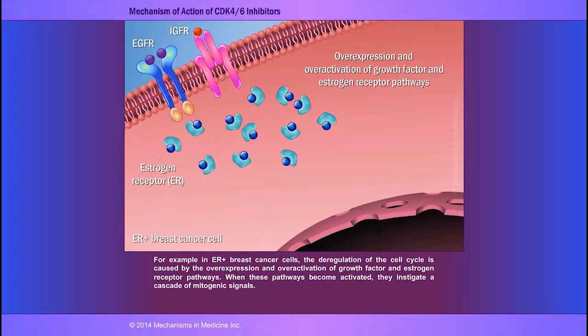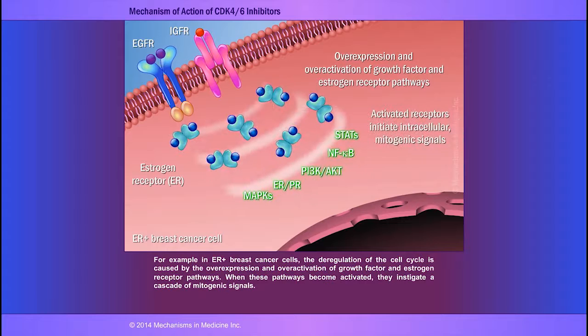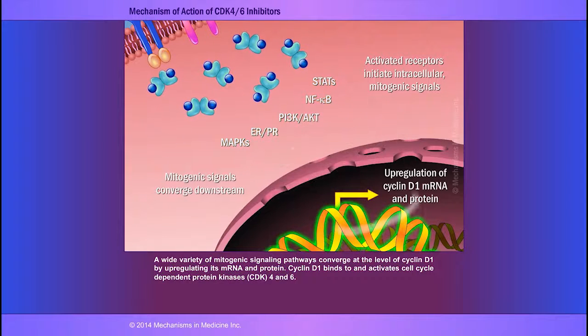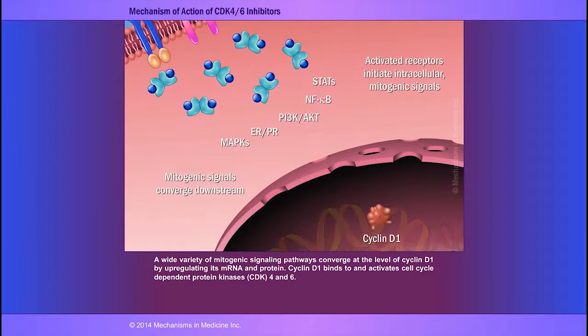When these pathways become activated, they instigate a cascade of mitogenic signals. A wide variety of mitogenic signaling pathways converge at the level of cyclin D1 messenger RNA and protein upregulation. Cyclin D1 binds to and activates cyclin-dependent protein kinases, or CDK4 and 6.